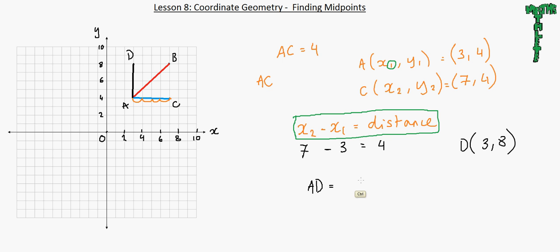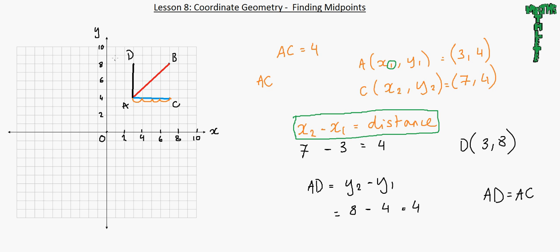So the distance from A to D will be y2 minus y1, which is 8 minus 4, which is 4. So the distance AD is 4, and we can also say that AD equals AC.